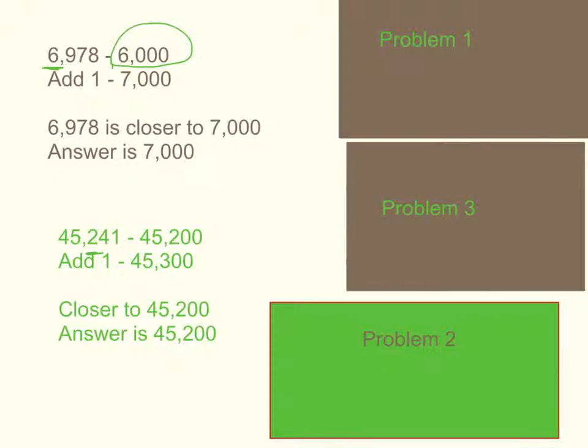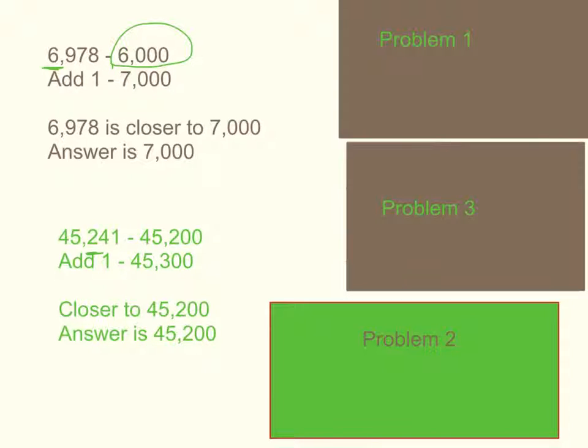We add 1 to that 2, and we get a 3, so we get 45,300. We have to figure out, is 45,241 closer to 45,200 or 45,300? It is closer to 45,200. So 45,241 rounded to the nearest 100 would be 45,200.